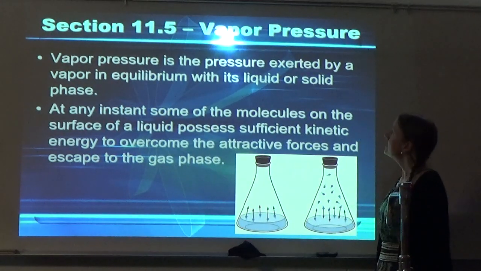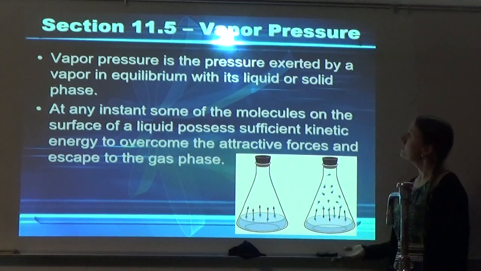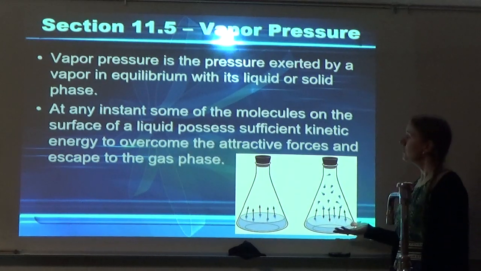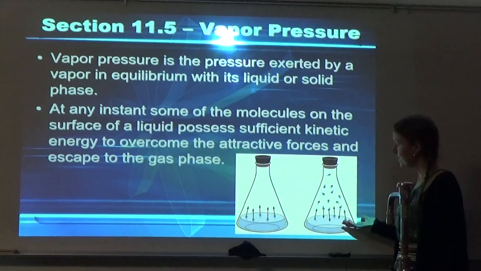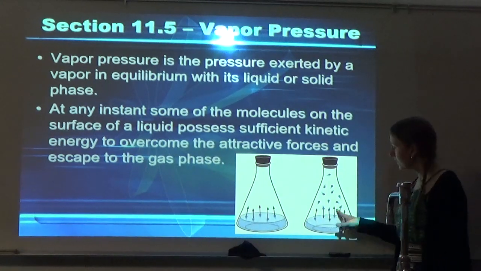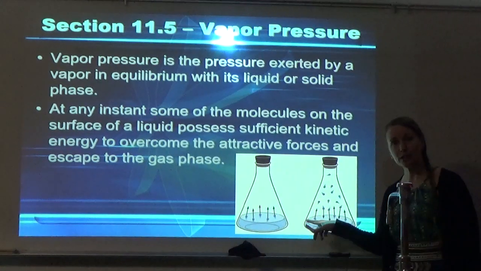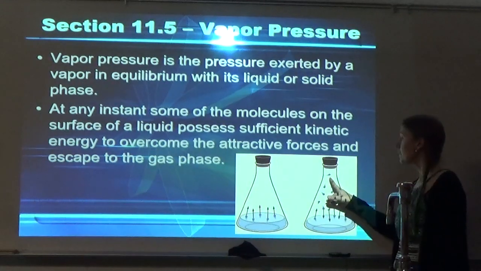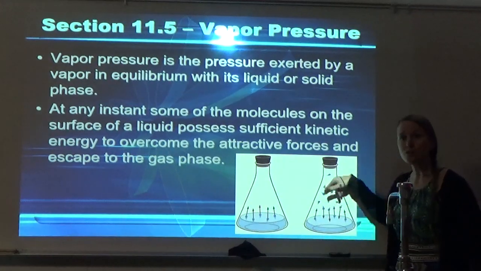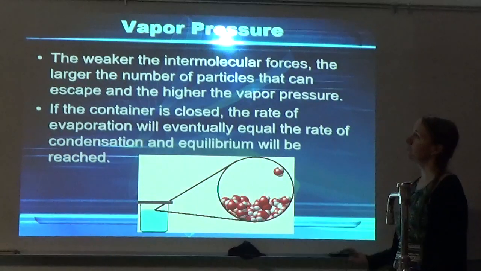At any instant, some of the molecules on the surface of the liquid possess sufficient energy to overcome the attractive forces and escape to the gas phase. But eventually it'll reach equilibrium because this area will be saturated with water molecules. Every time a new one vaporizes, one will condense, and that's when we get equilibrium.